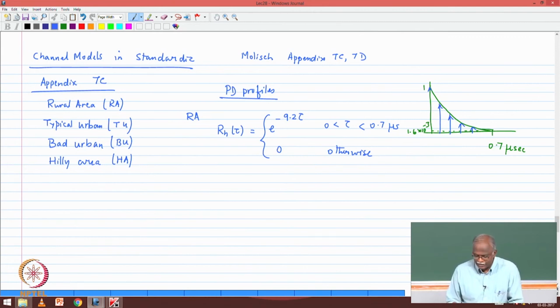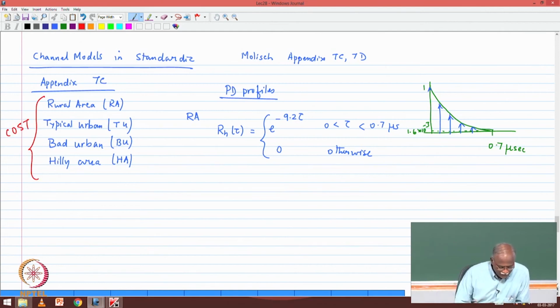Okay. Now, the same thing using the experimental characterization, they have also given it in the form of a table. So, by the way, these are referred to as the COST. That is a project which dealt with the characterization of channels. COST 207, it is called COST 207 channel models for GSM and other wireless systems.